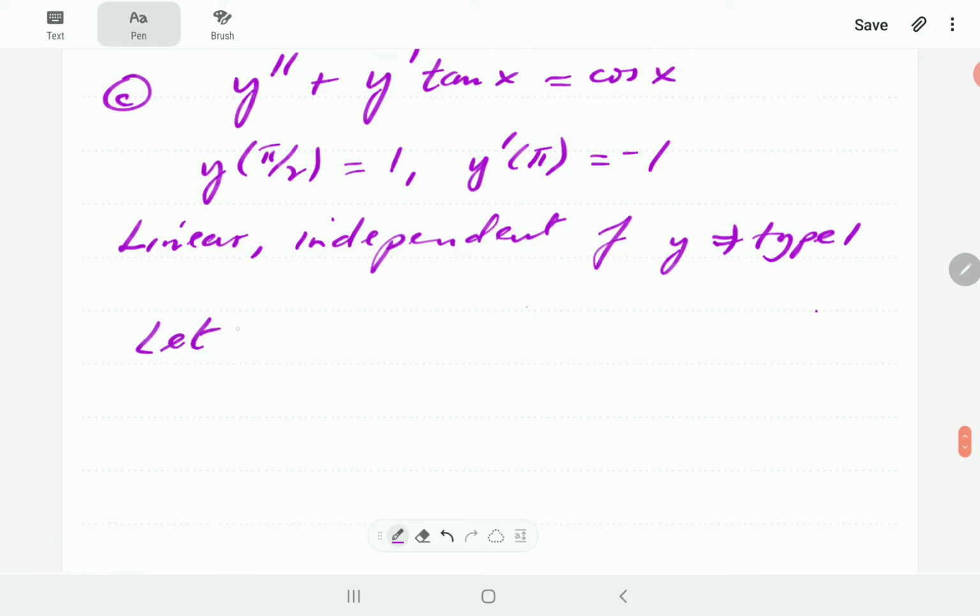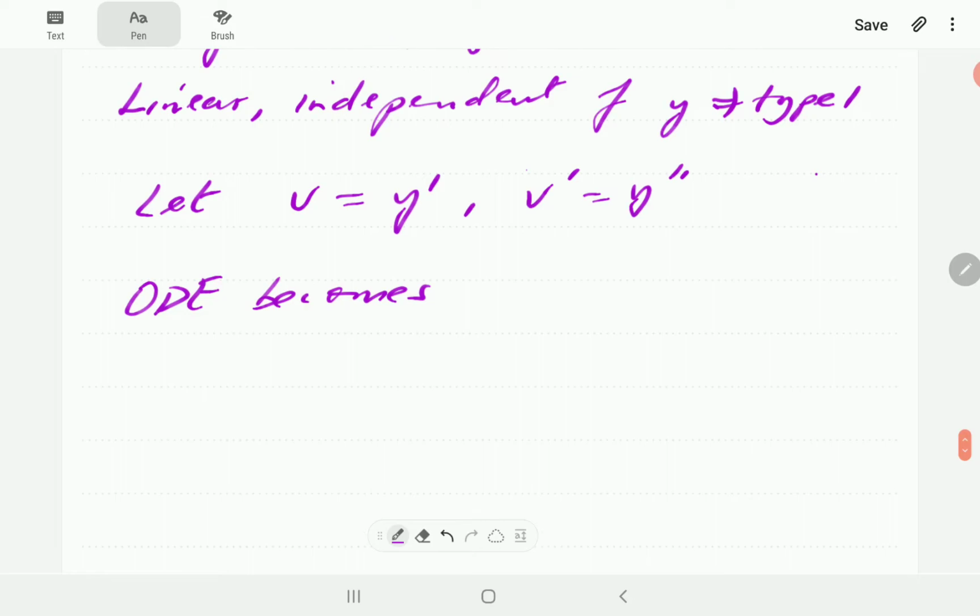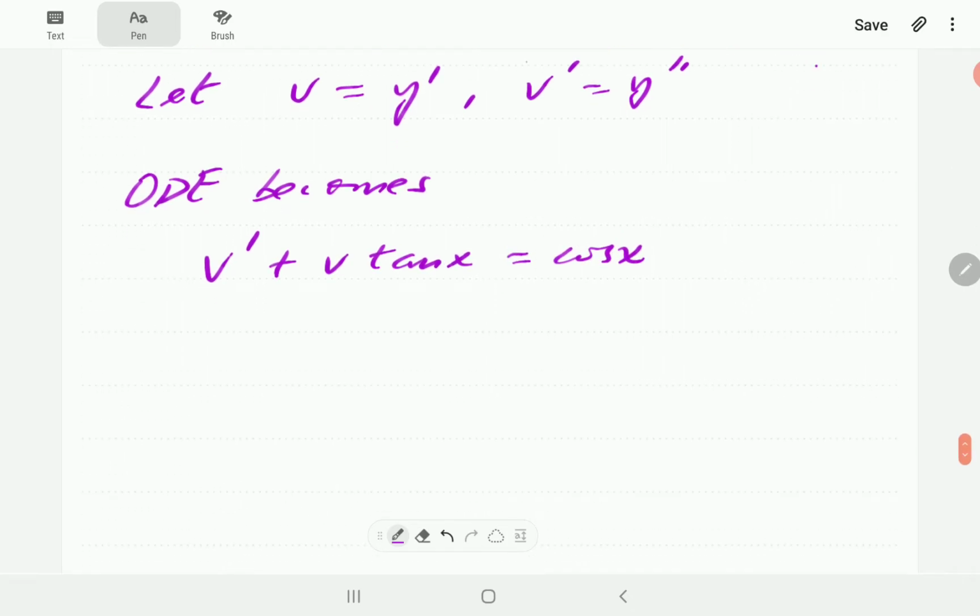So we're just going to let v be equal to y prime, and v prime is going to be y double prime. The ODE is going to become v prime plus v tangent x is equal to cosine x, which is linear.